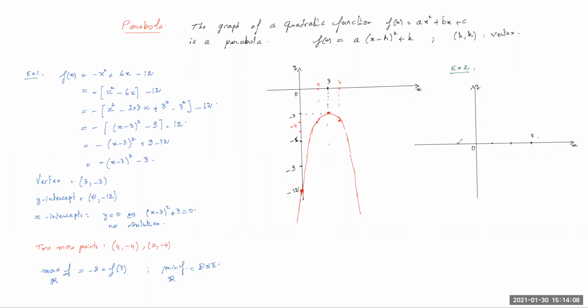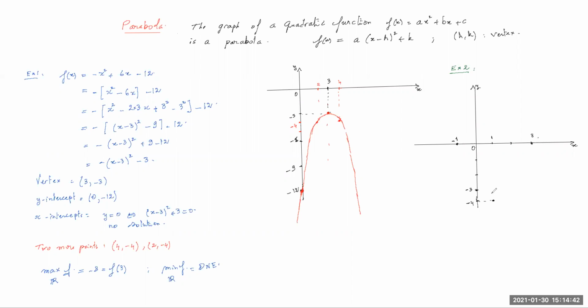We have here, it passes through this point -1, and then I have -3 here, and -4 also. So let's keep it here, down at -4, and then it passes through this point, this point, and this point.